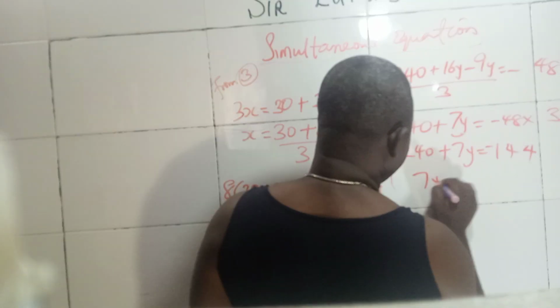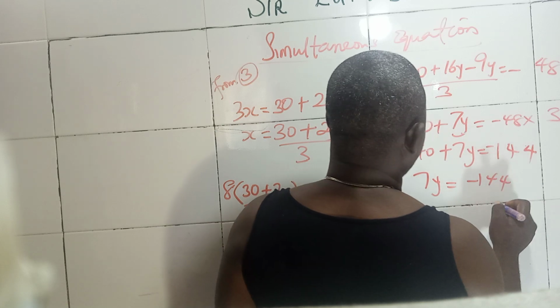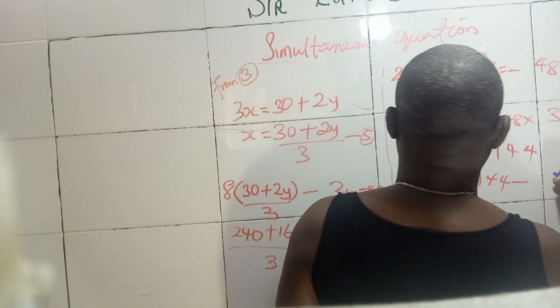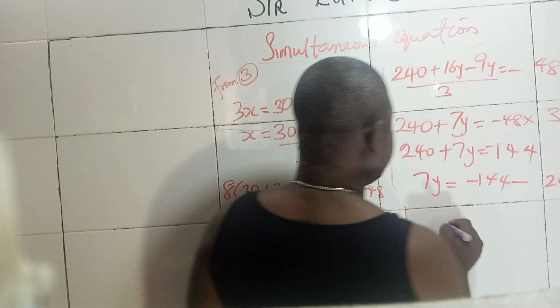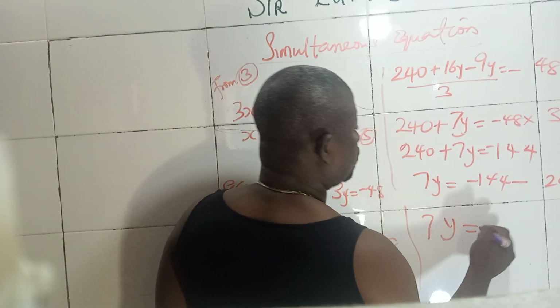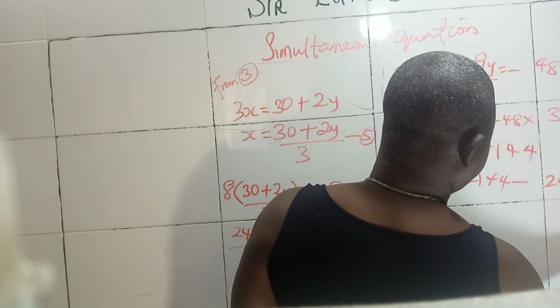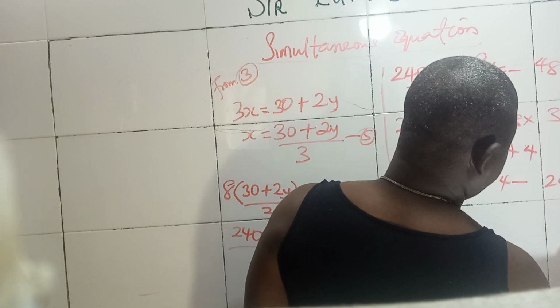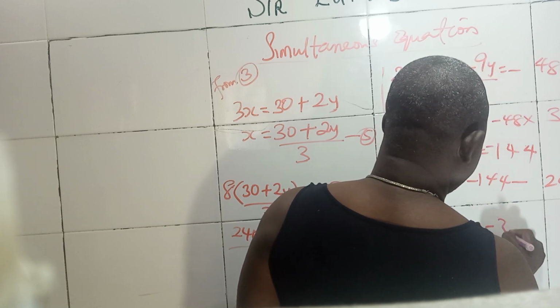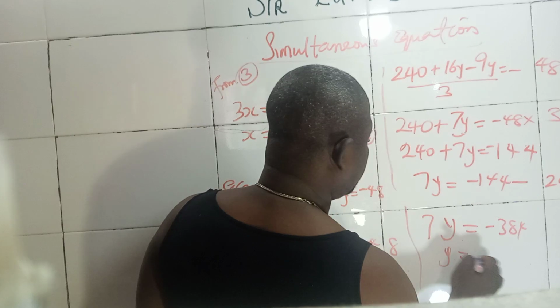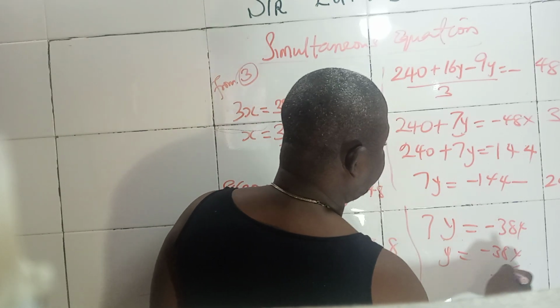So 7y is equal to minus 144 minus 240. This is minus 384. So y is equal to minus 384 divided by 7.